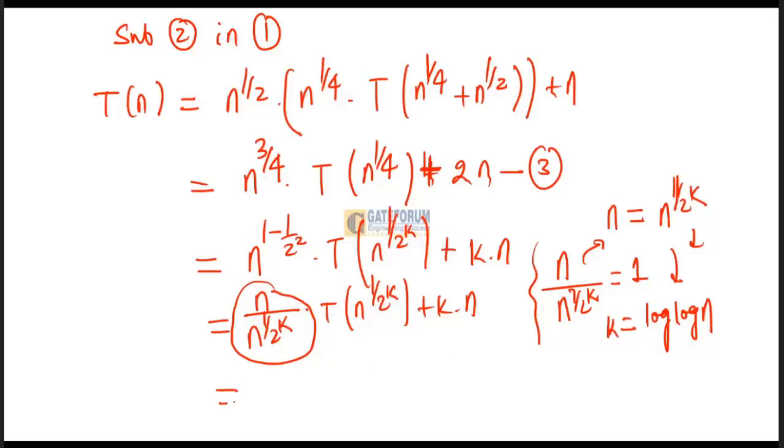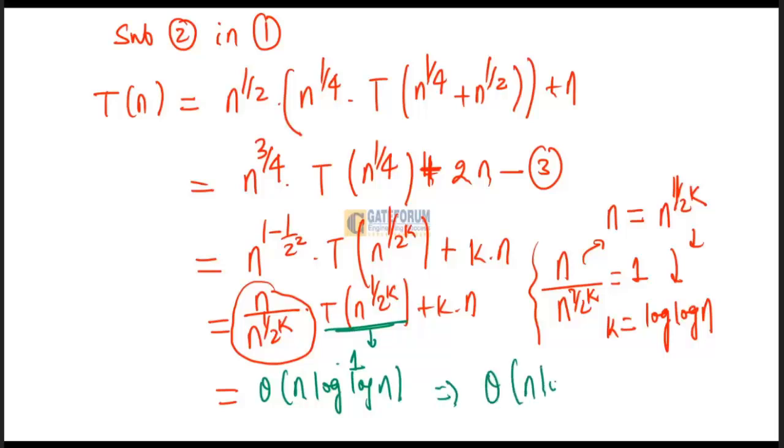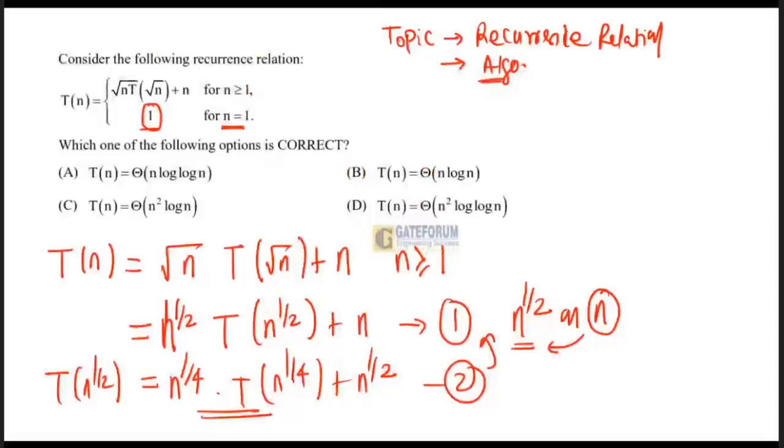So at the end I will get the solution in the form of theta of n will remain as it is, T of n divided by (1/2)^k becomes 1, it is a constant, and k will become log log n. So the final answer is theta of n into log log n, right? So if you will see the options, then option A is the correct answer for this recurrence relation, right?